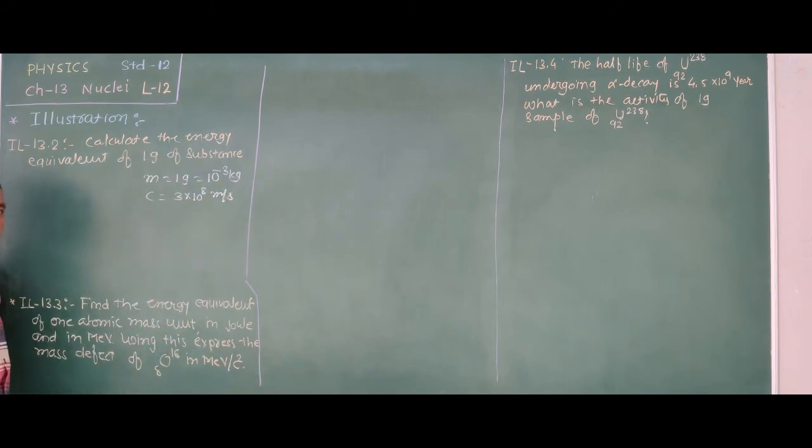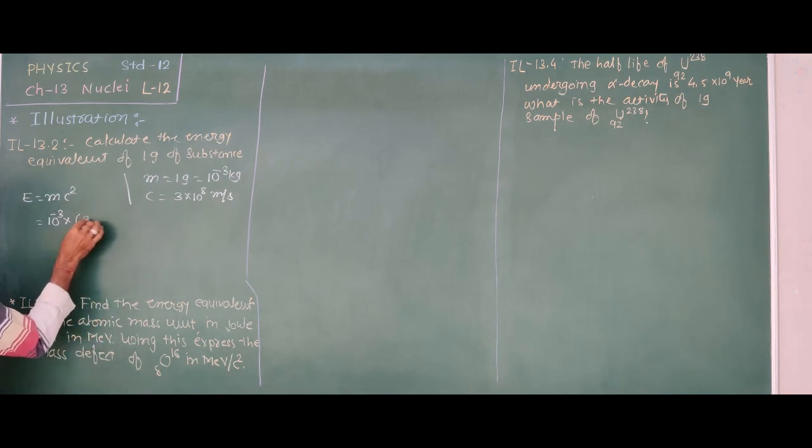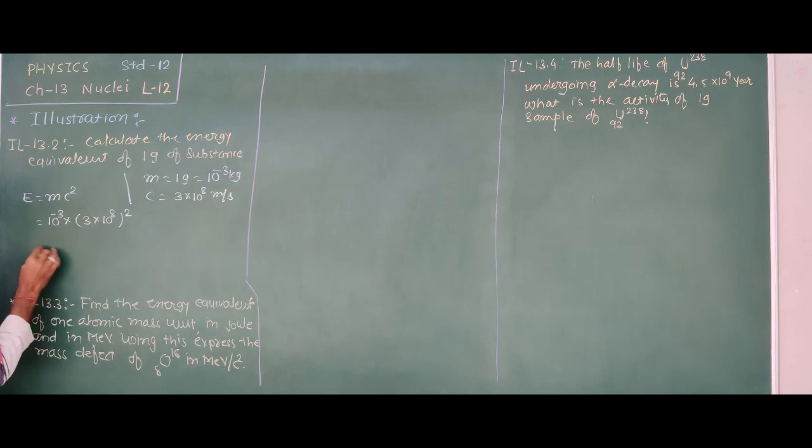From Einstein's mass-energy relation, E is equal to mc squared. Substitute the value of m, 10 raised to minus 3, into the velocity of light in vacuum, 3 into 10 raised to 8, whole squared.